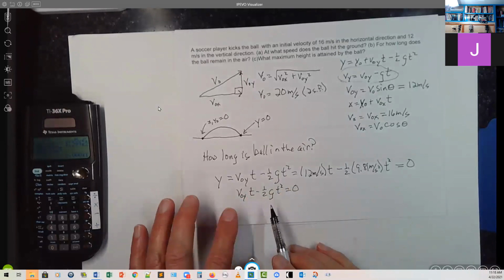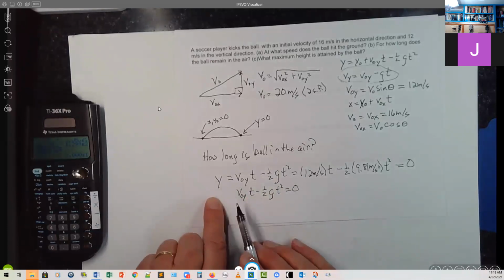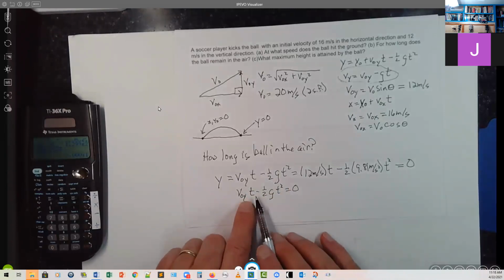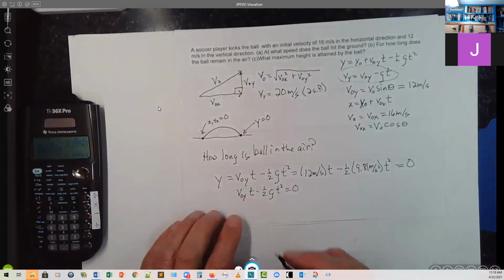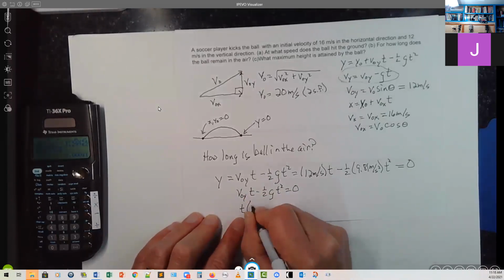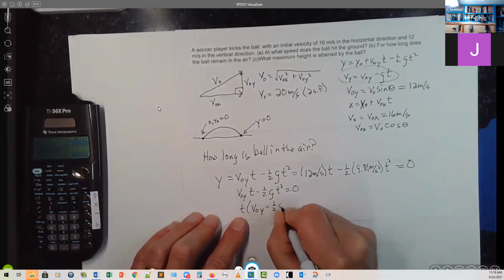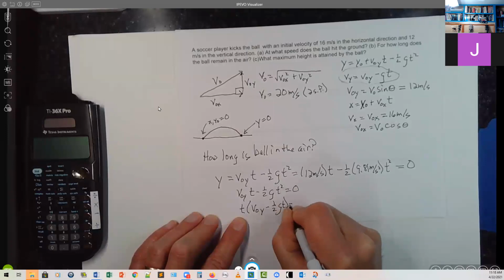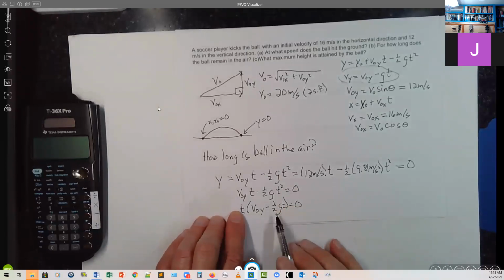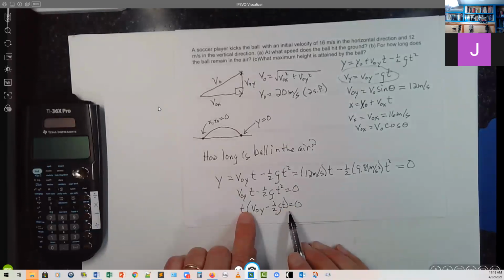If this was a full quadratic equation with a y naught sitting over here, I'd have to use the quadratic formula, but I can factor this. Both terms have a t in it. And so if I factor that out, I'll have t times v naught y minus 1/2 g t is equal to 0. And something you learned in algebra, if you have two numbers multiplied together that equal 0, either this one can be 0 or this one can be 0.